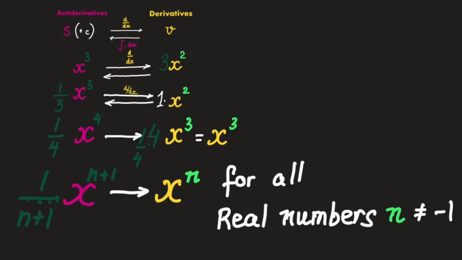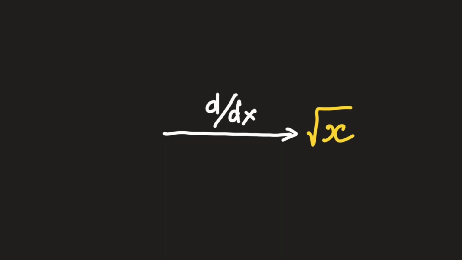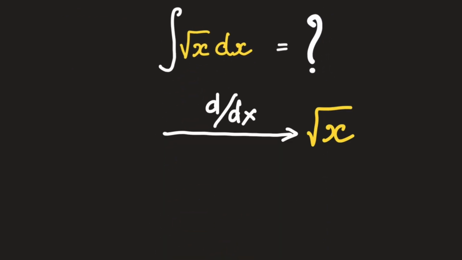Now, while we only looked at examples where this exponent n was a natural number, this identity actually holds for n that are not natural numbers. It actually holds for all real numbers n as long as it's not equal to minus 1. For example, what is the indefinite integral of square root of x dx?